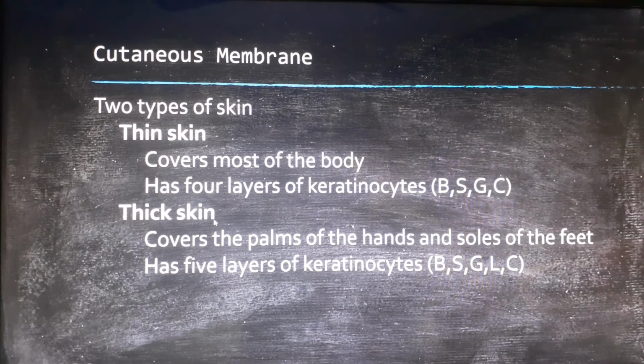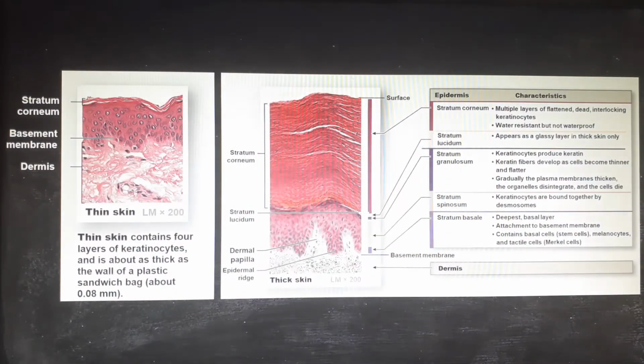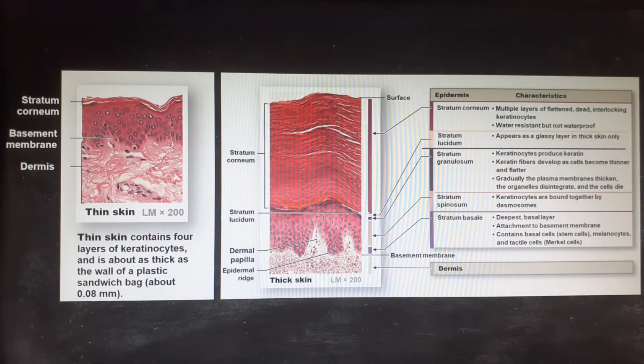Thick skin, which is only on the palms of your hands and the soles of your feet, has a 5th category of keratinocytes. Notice that this L appears. And it also has a lot more of the top layer, which is called the stratum corneum. So here is a difference with a microscope between thin skin and thick skin.